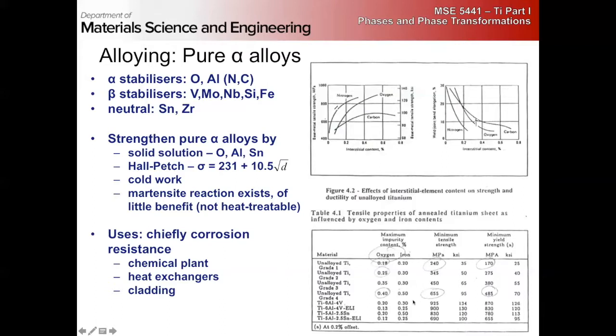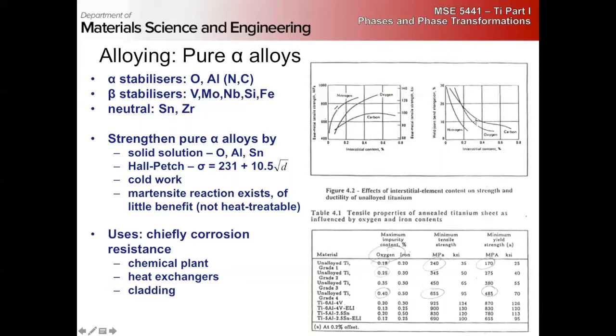If you look at your change in oxygen from 0.18 weight percent to 0.25 weight percent, your yield strength goes from 170 to 275 megapascals, right?